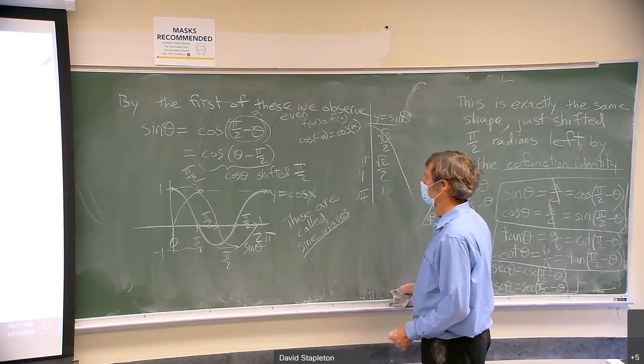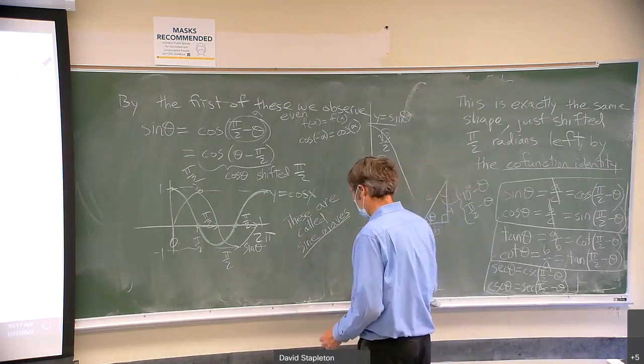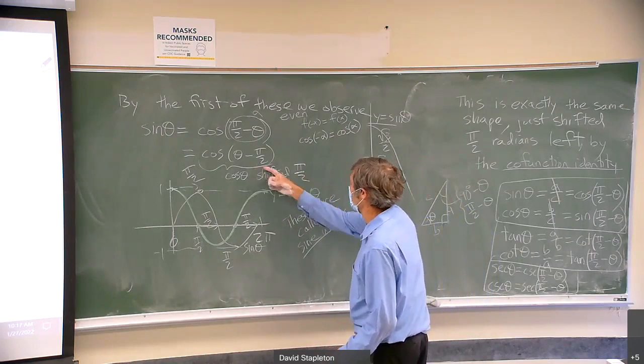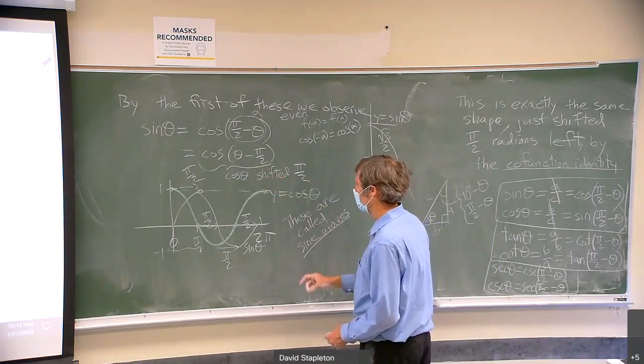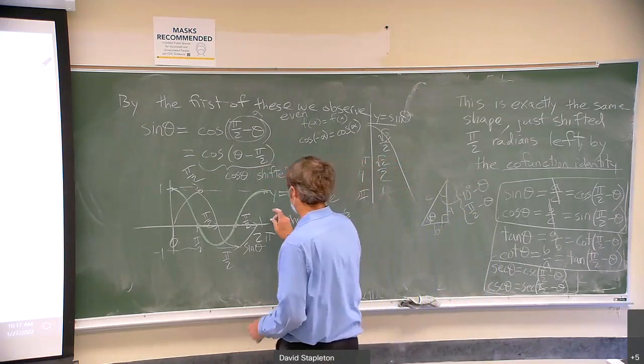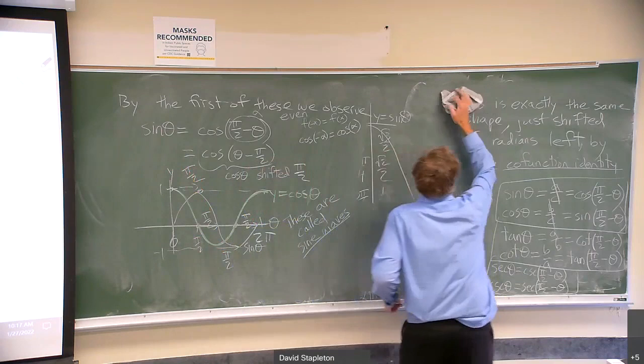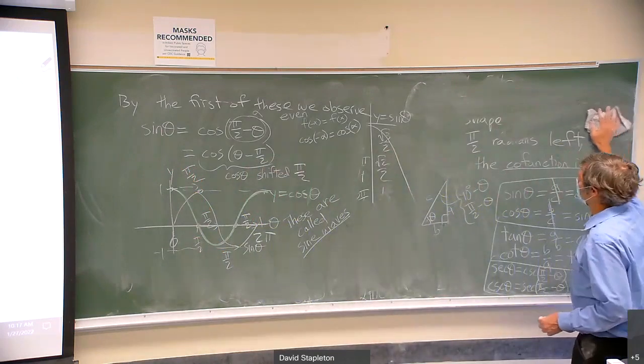You notice I should call this y equals cosine theta still. I made the graph of theta here, right? So this is theta versus y still. All right, so those are the graphs of sine and cosine.